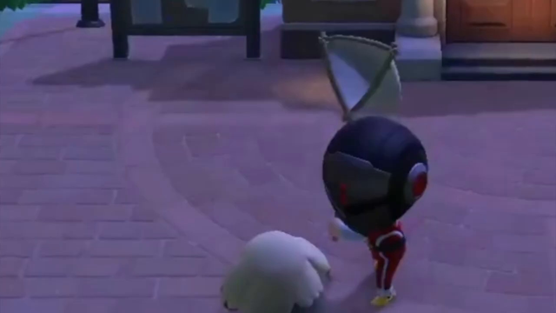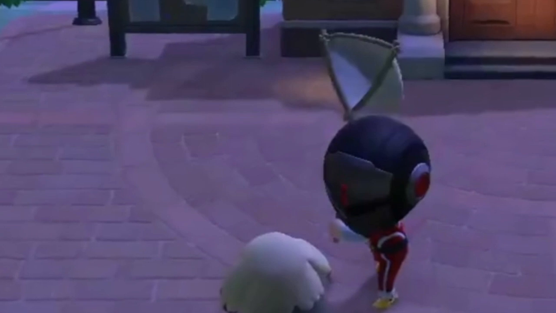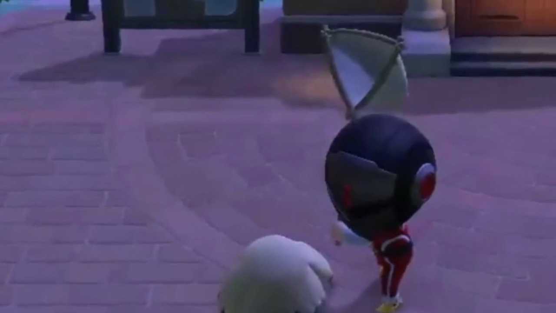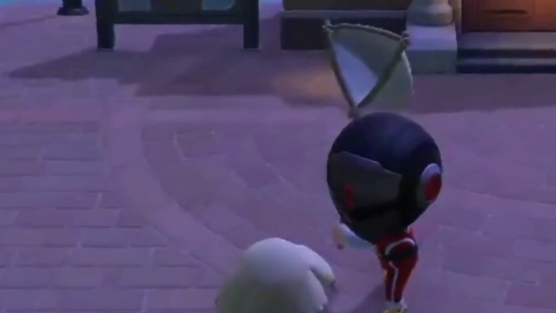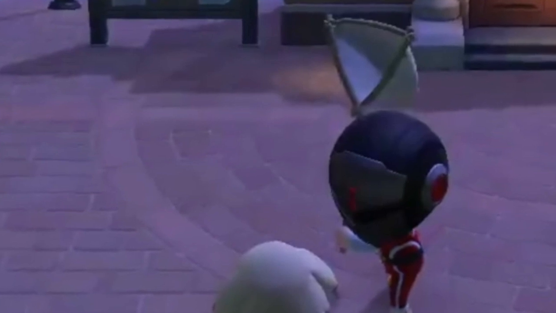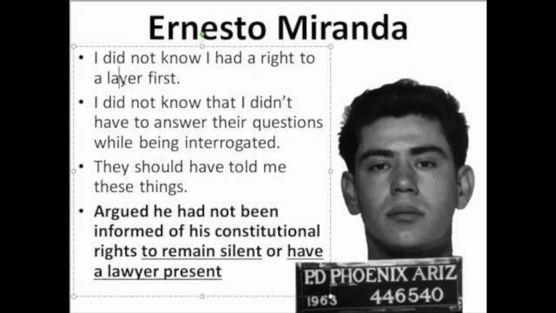This is known as the exclusionary rule, which we get from the case of Mapp v. Ohio. Lastly, sneaking up on Shep and hitting him with a net is not going to fly. If you want to arrest somebody, they must have their rights read to them, otherwise known as being Mirandized. The Miranda rights spell out the procedures of due process for the accused, including the right to remain silent from the 5th Amendment and the right to an attorney in the 6th Amendment.